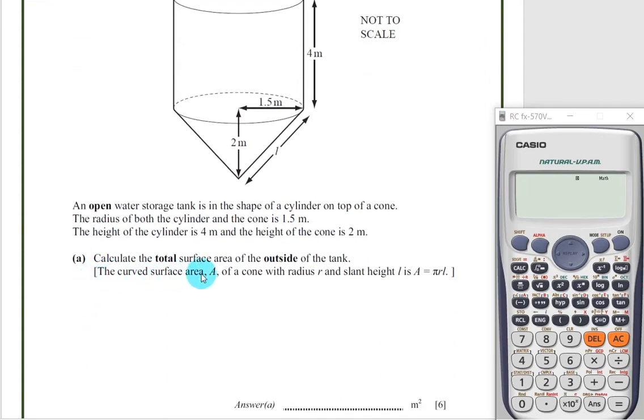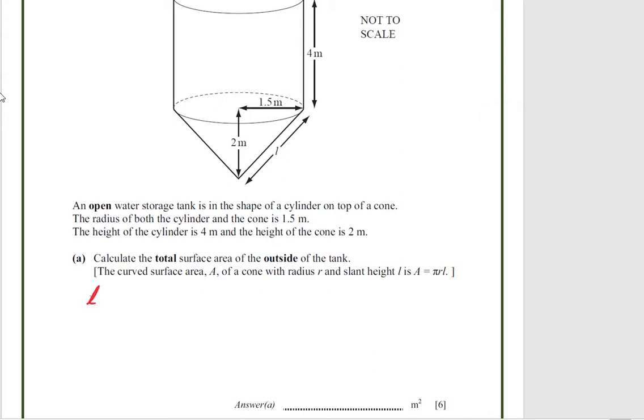Calculate the total surface area of the outside of the tank. Curved surface area of the cone is pi RL. So the first step, we need to find L. L is equal to the square root of 2 squared plus 1.5 squared.